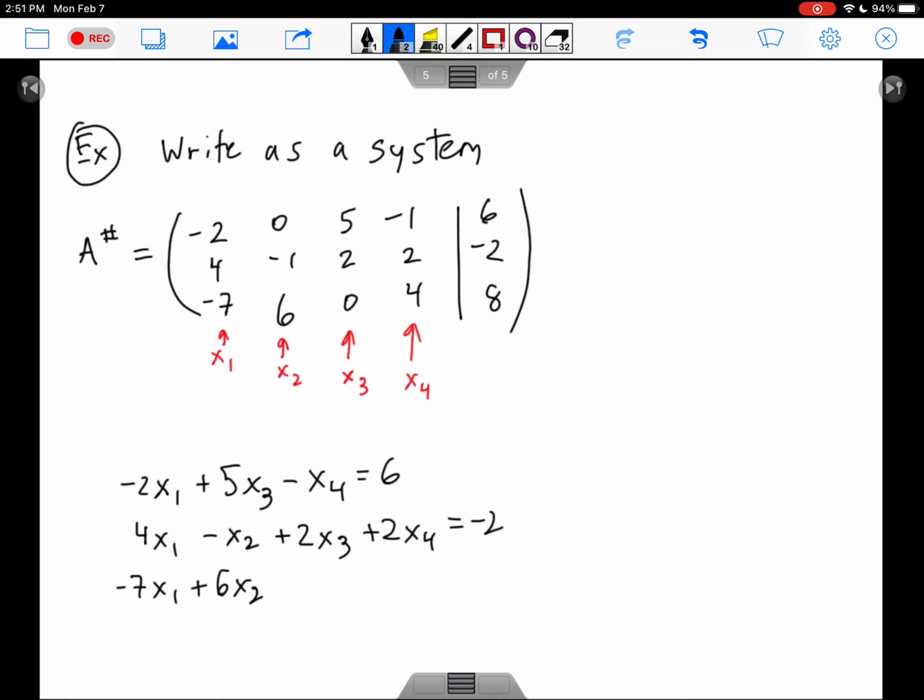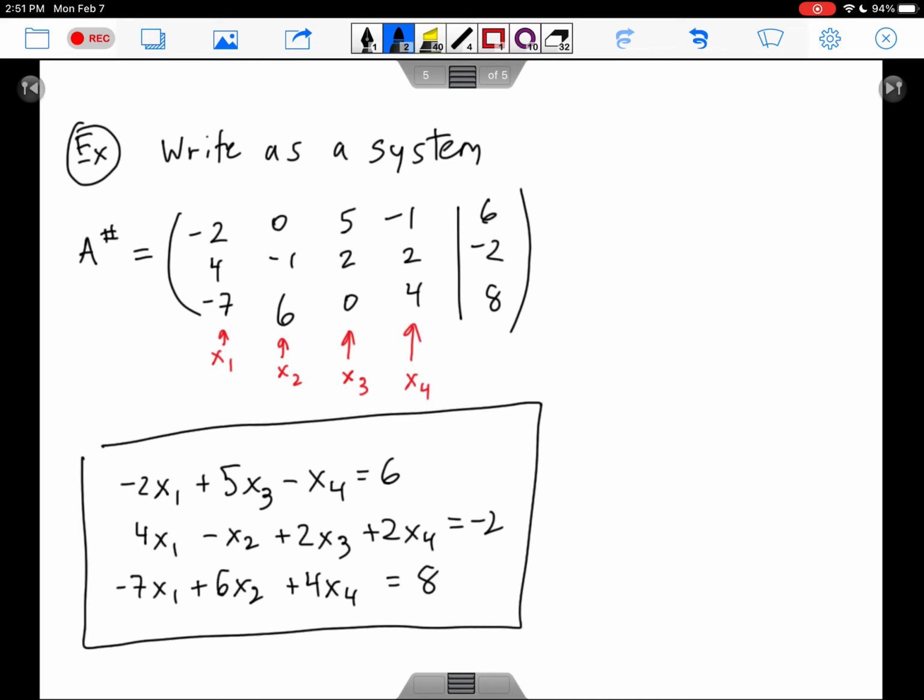Then we've got -7x1 plus 6x2 plus 4x4 is equal to 8. All right, so we can always go back and forth with this notation. We can go from augmented to system or system to augmented matrix.